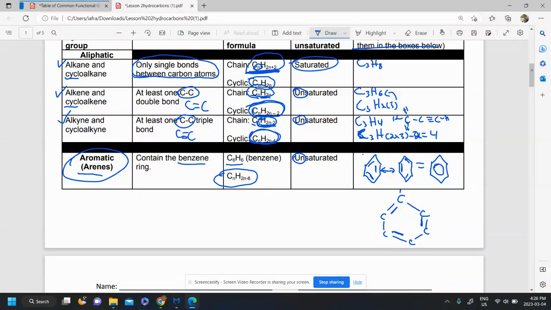And so we'd have an H over here, an H over here, H over here, H over here, H over here, H over here. So basically 1 H on each carbon. So that's 6 carbons and 6 H's. And that would be the formula for the benzene ring.